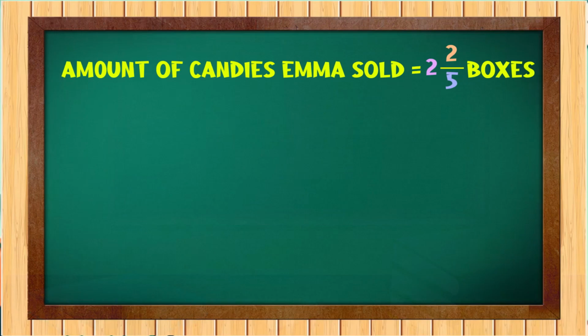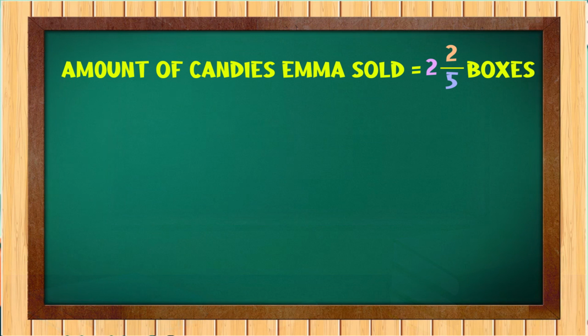You should be finished by now. Let's examine what our solution was. Remember, we work from the known to the unknown in mathematics. So we know the amount of candies that Emma sold, 2 2/5 boxes. However, we don't know the exact amount of candies Ava sold, but we do know that she sold 2 times the amount that Emma sold.